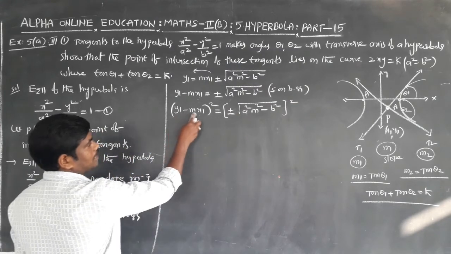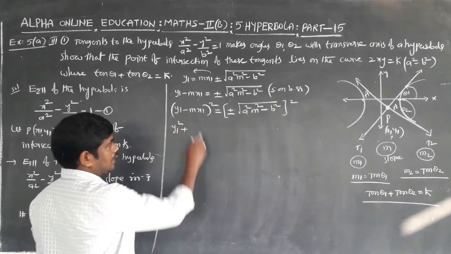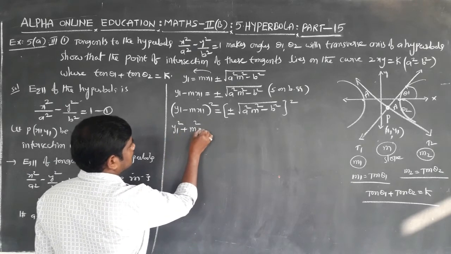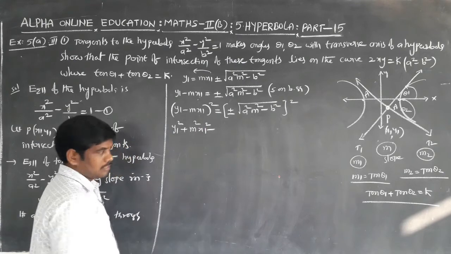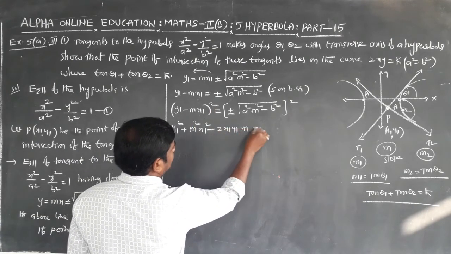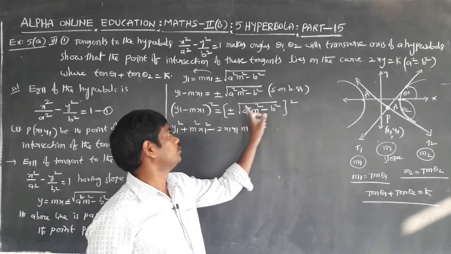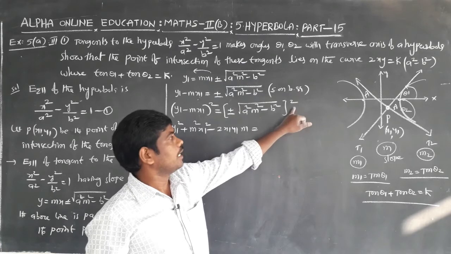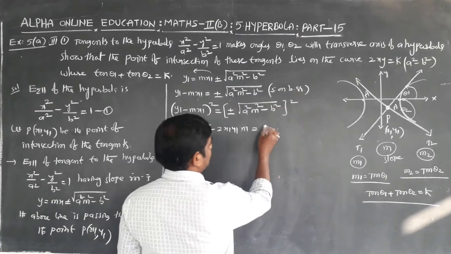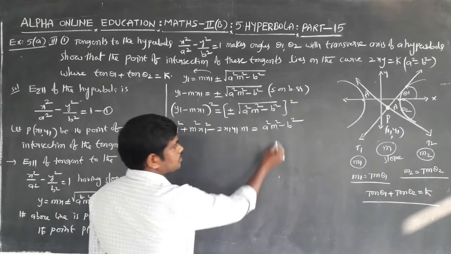Expanding the left side, y1 square plus m square x1 square minus 2 x1 y1 m is equal to a square m square minus b square.